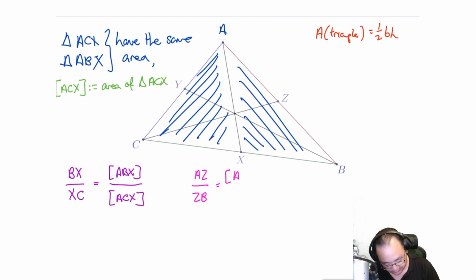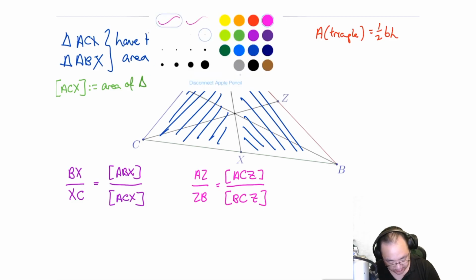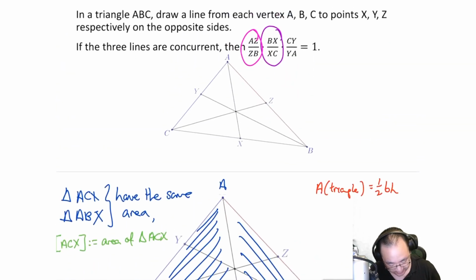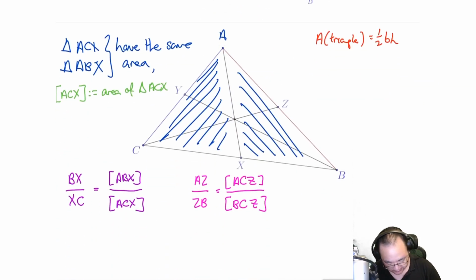Let's try to keep the letters in alphabetical order: ACZ, and then the other one, which is this one, is going to be BCZ. And then the third one is going to be CY and YA, so CY over YA.